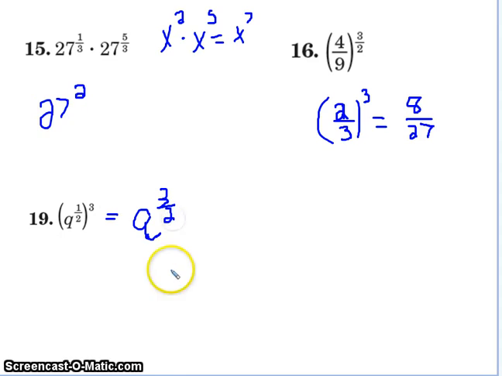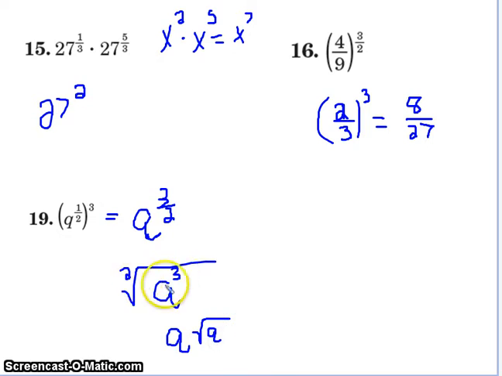And if you want to write that in radical form, what that means is we have the square root of q to the 3rd. We are going to have one pair that you can bring out. So it would be q and then the square root of q. If you factor this, you have 3 q's, and so one of them can come out to the front.